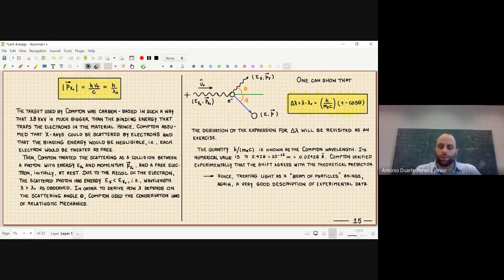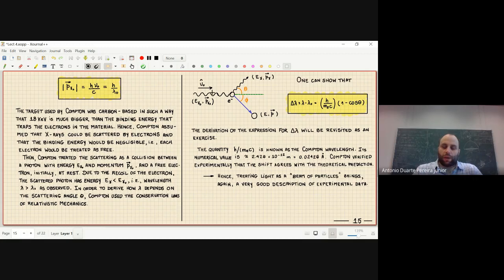And when you do so, in order to describe the wavelengths that one measures for different values of theta, the scattering angle, you also needed to treat the wave as formed by a beam of particles, a beam of photons.